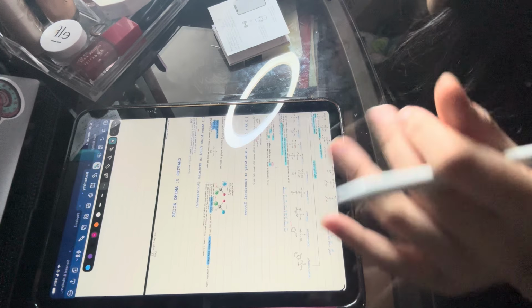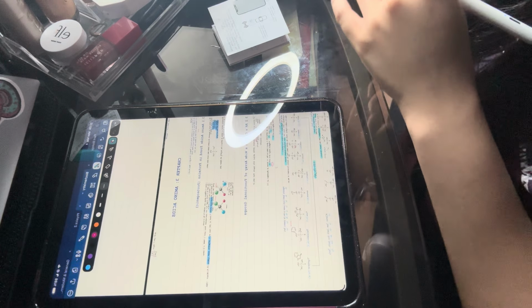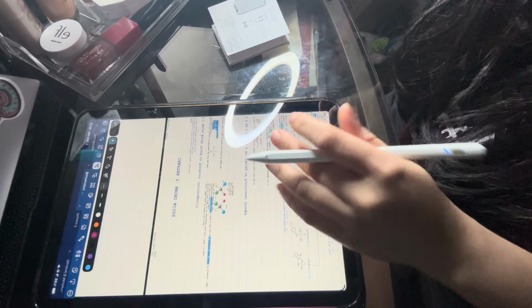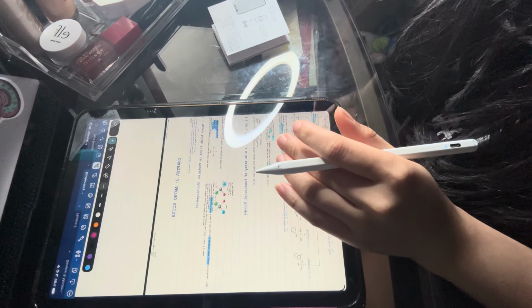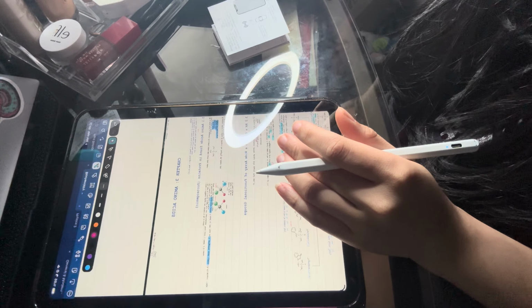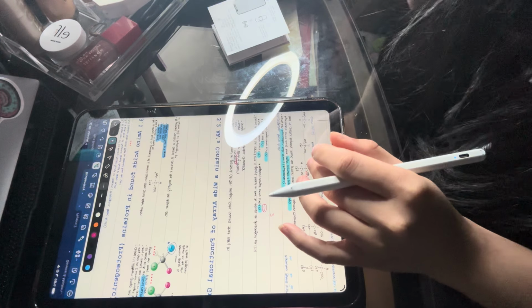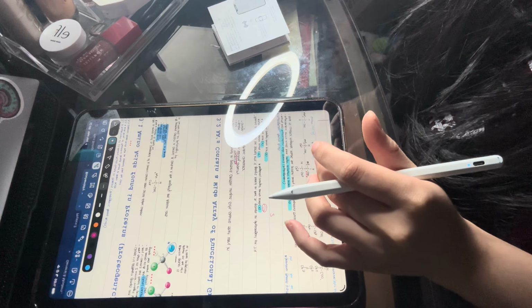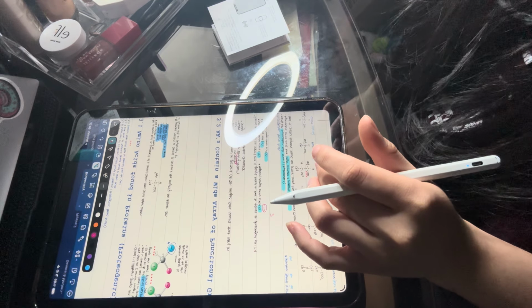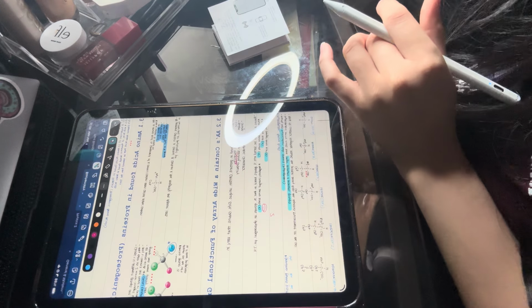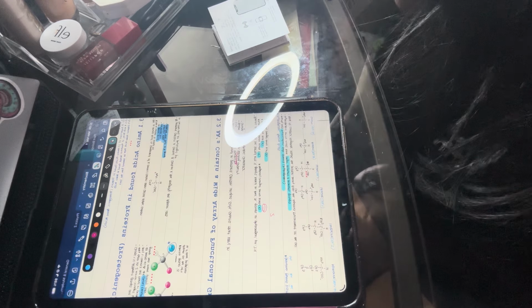Okay, guys, there are 20 amino acids in total. They all vary in size, shape, charge, chemical reactivity, hydrogen bonding capacity, and hydrophobic character.